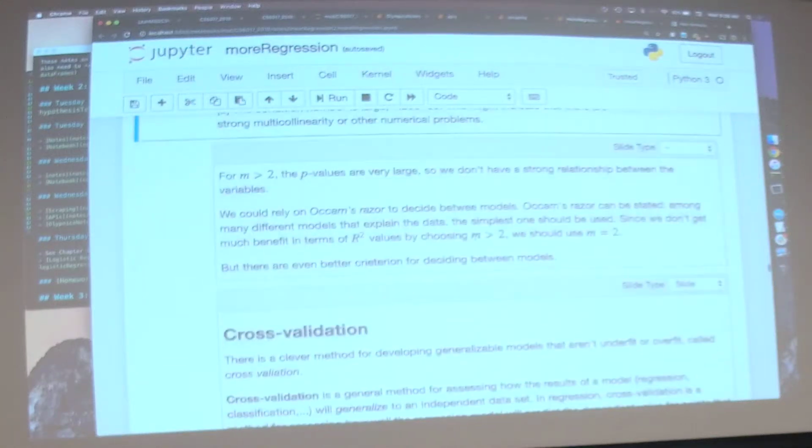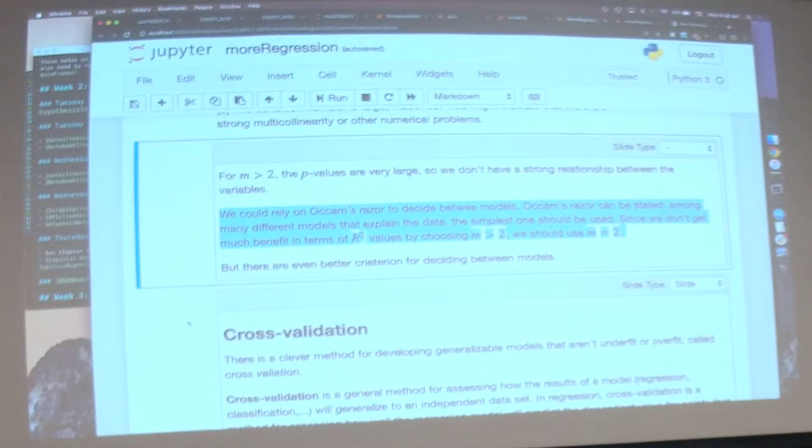One way of thinking about this is Occam's razor, which is the simplest explanation is usually the best. So in this case, quadratic is simpler than a degree 4 polynomial, so that's probably a better model. So that's how we can use the p-values to help us decide between various models.